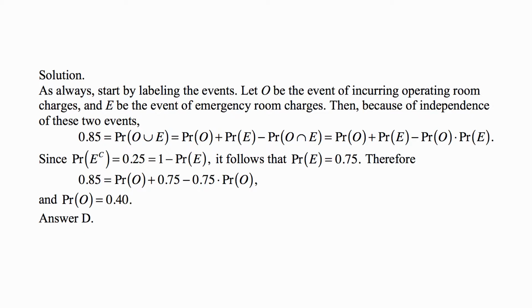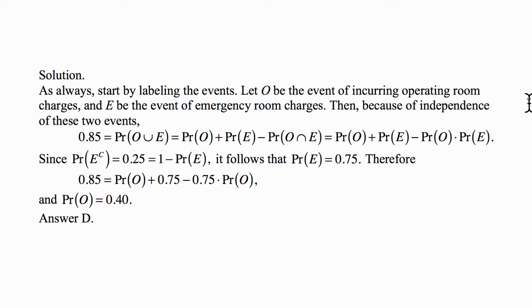But if we plug in that information about probability of E into the first displayed equation, we get 0.85 is equal to probability of O plus 0.75 minus 0.75 times probability of O. And from that, we would get that 0.85 minus 0.75 is equal to probability of O times 1 minus 0.75, and therefore probability of O is 0.4.